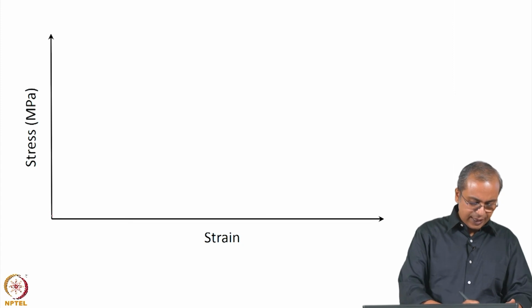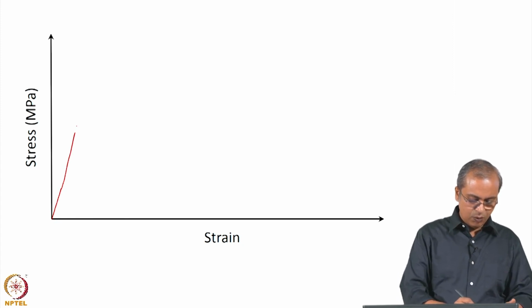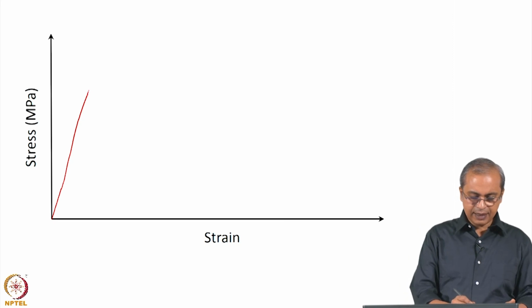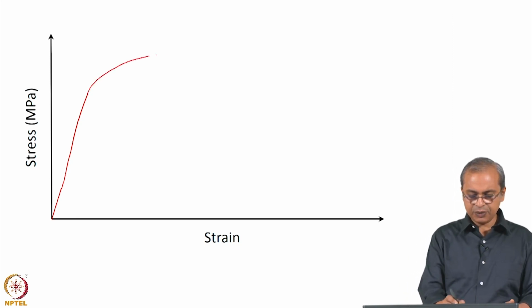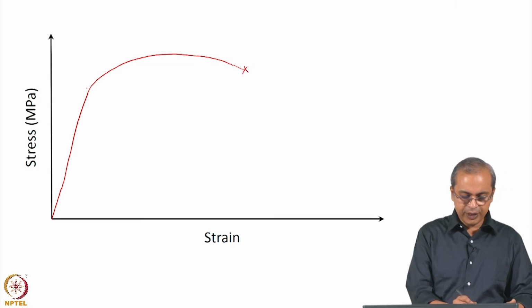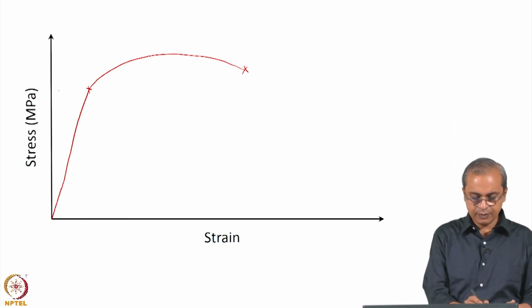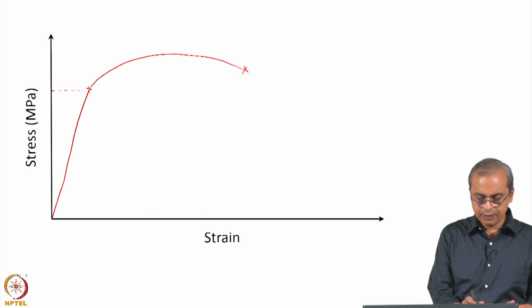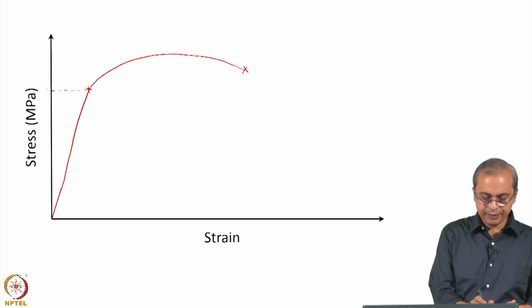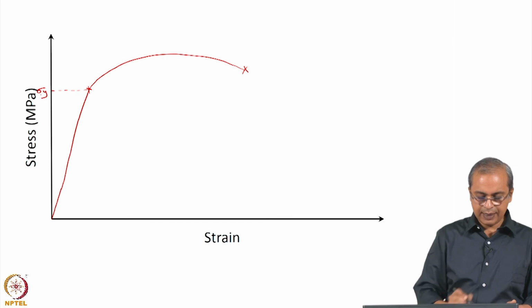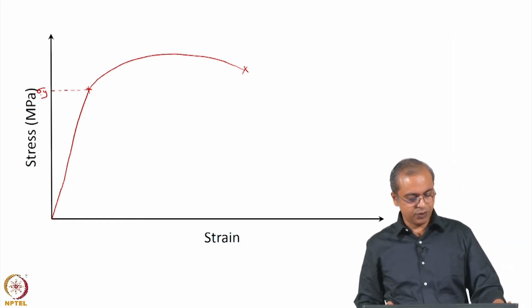So, in general you are going to have data that looks like this: one linear section, and then at some point it will deviate from the linearity, and then you see something that looks like this, and then the sample fractures. So, this is your yield point, this is sigma y, that is your yield point. Stress versus strain is what we have.